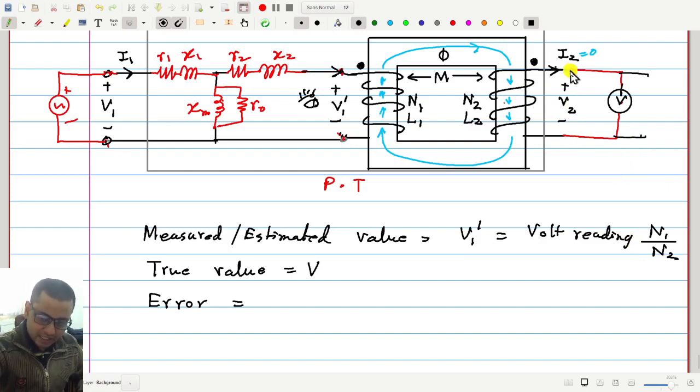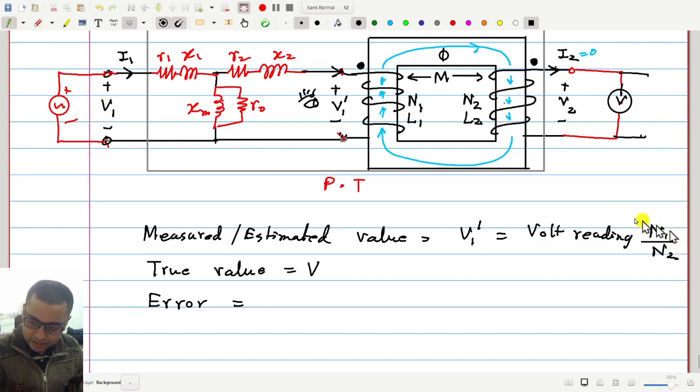Your point is that you are doing all your calculation at this point, calculating the exact value of V2, and then subtracting that from V1 multiplied by N2 by N1, right? Yes, sir.